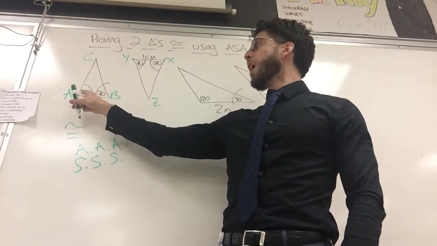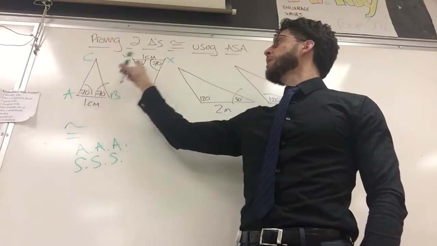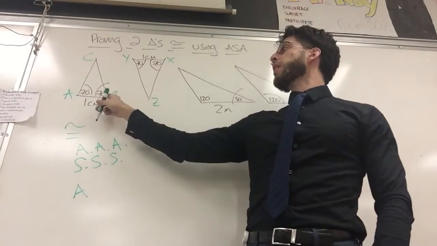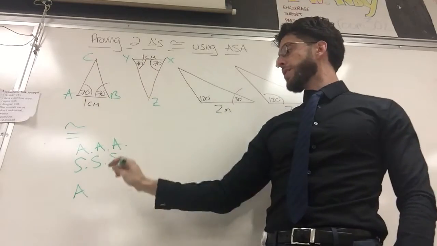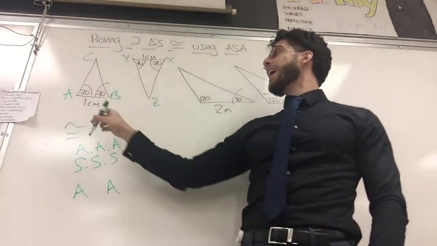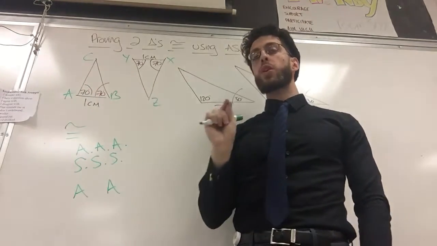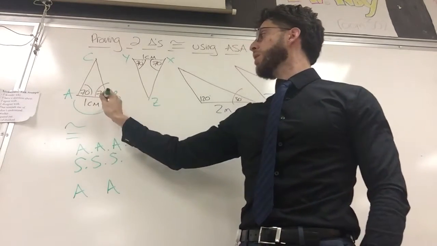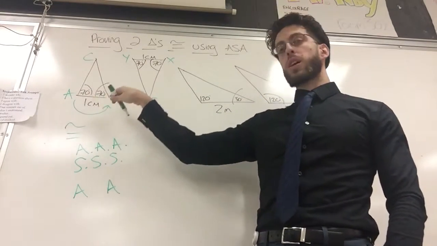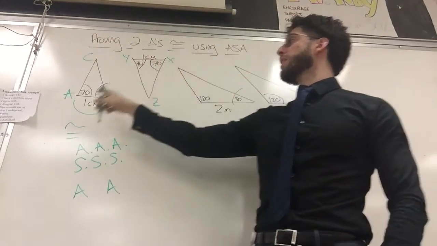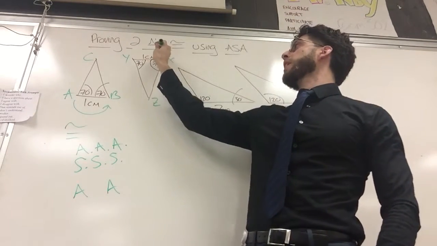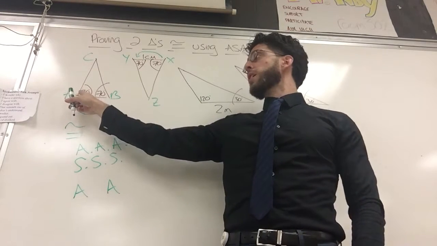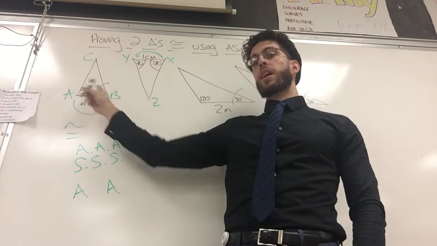So I have an angle corresponding and congruent to an angle, that's A. Another angle corresponding and congruent to another angle, that's B. And I have, if you're going in order, and in this case I'm going kind of like in a loop, counterclockwise. This matches with this, and then I went in a loop this way. So technically, I look at this angle, and the very next thing I should be looking at is not this angle.